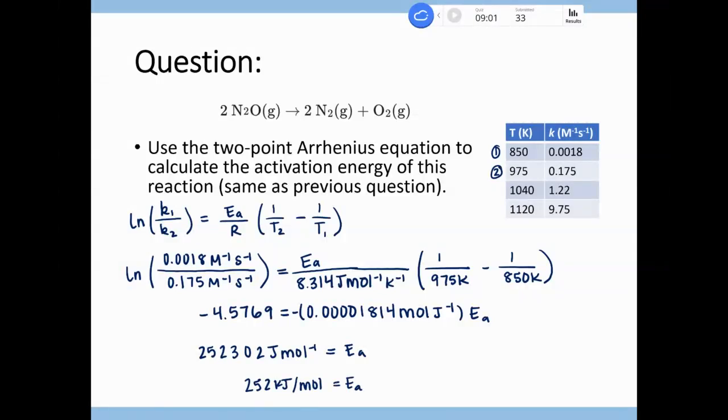So same value as what we did 2 slides back by plotting all 4 data sets, finding the slope of the line, and calculating activation energy, or with just 2 data points, then you can use this equation to calculate activation energy. And again, we're calculating really the relationship between temperature, rate constant, and activation energy.